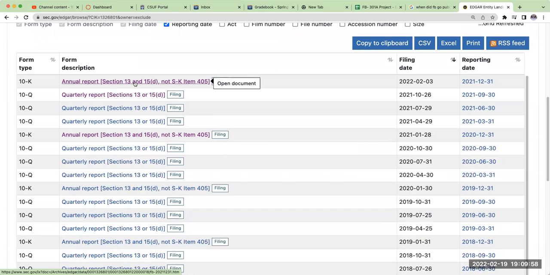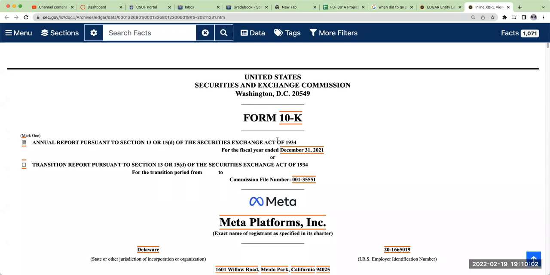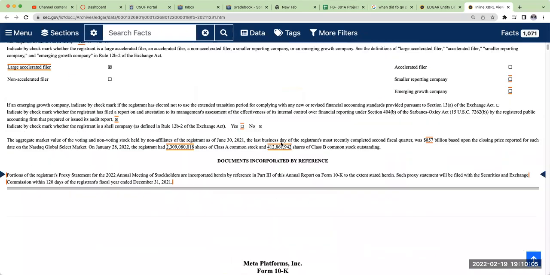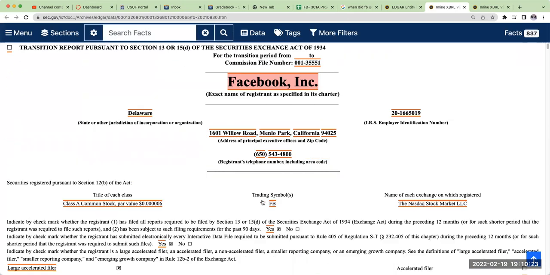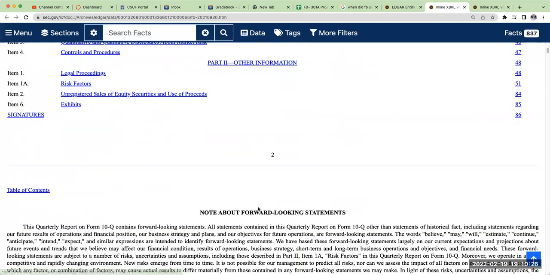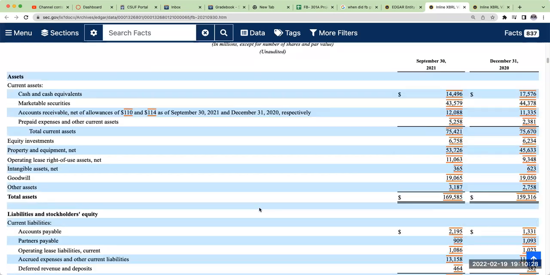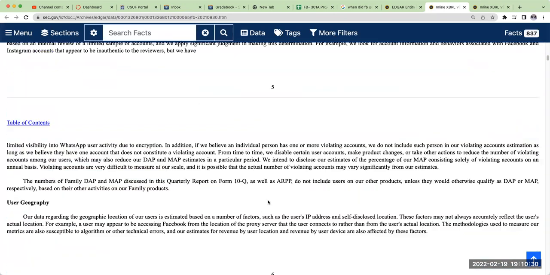So let's go to the 10-K for Facebook. When we go to the 10-K for Meta Platforms, the way a 10-K is set up, the financial statements are generally put in the back of the document. When you see me in class, the reason I pull up the quarterly reports is because the financial information is shown at the very front.